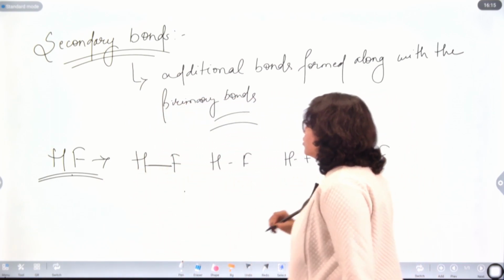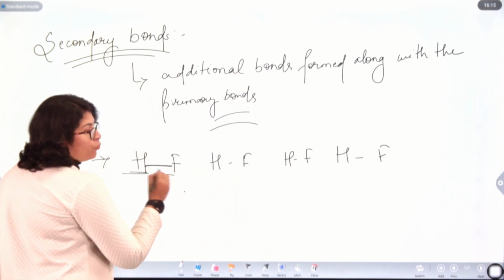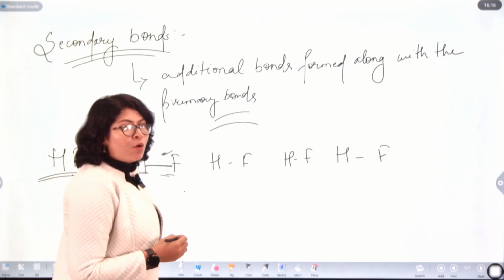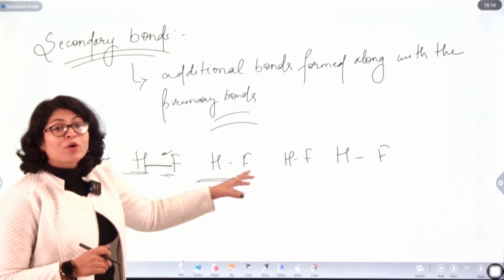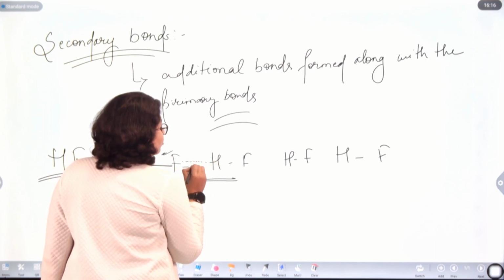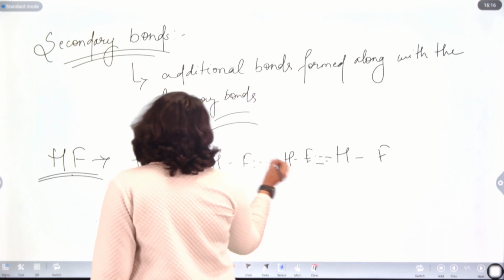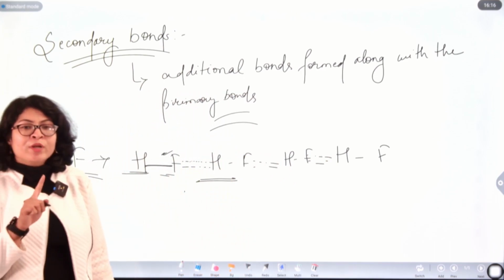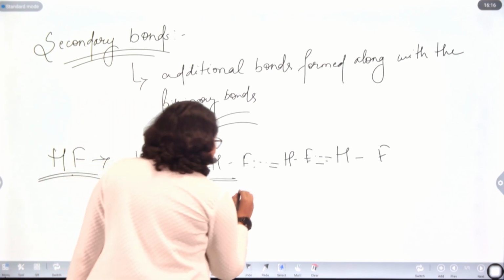So, there will be a direct bond between one hydrogen and one fluorine. But fluorine is highly electronegative. So, when another electropositive atom is present in its closer proximity, it will tend to interact with that also with a very feeble, very weak force. That force of attraction which develops between an electronegative atom and hydrogen of the other atom is termed hydrogen bonding.